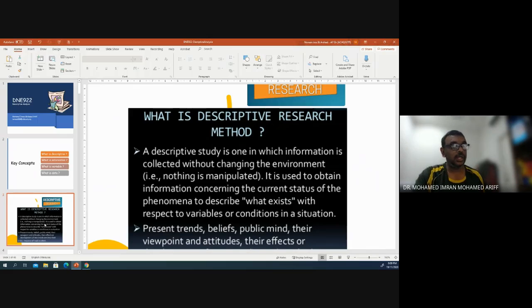You do not change anything, you do not do anything with it. It is used to obtain information concerning the current status of the phenomenon to describe what exists with respect to the variables or condition in a situation. Okay, so what this means is you just want to find out what is going on, what is the information there.